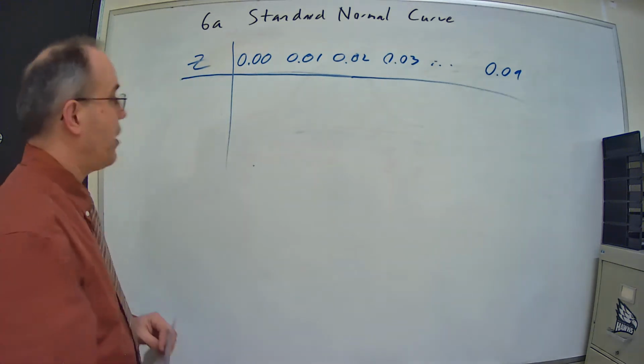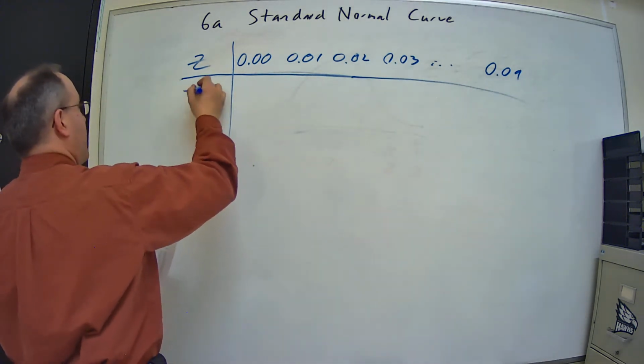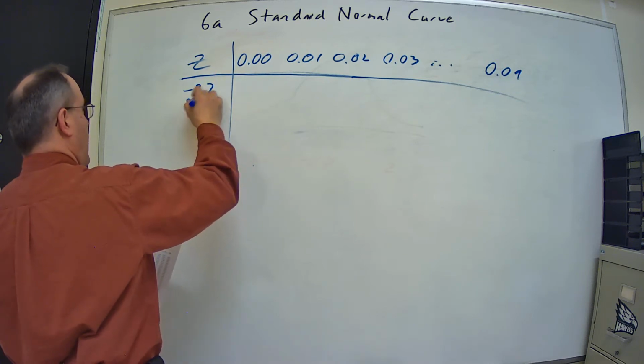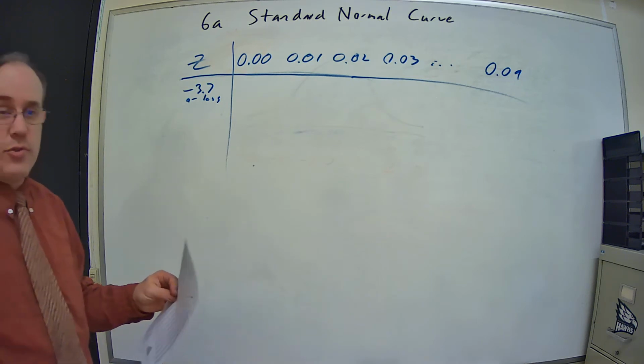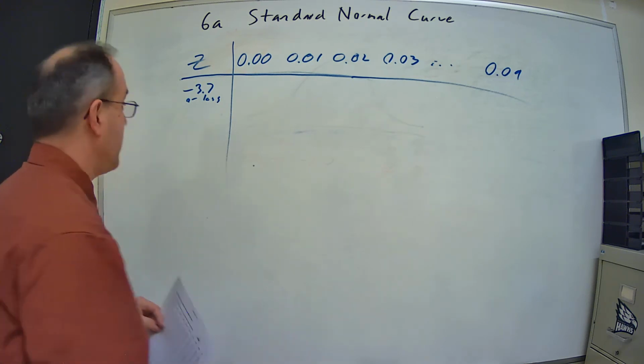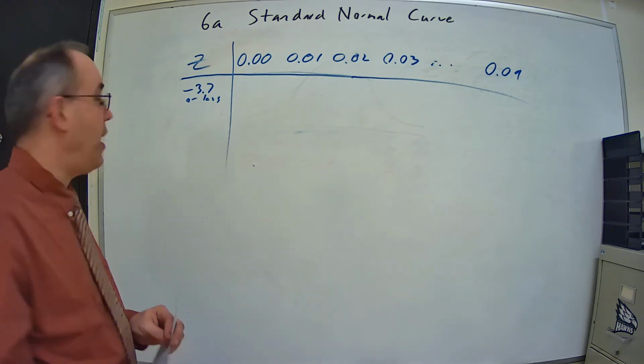So it shows all that across the top. Along the side it says negative 3.7 or less. And we're on page 1 of the table. There's two sides to this table, so the first side and the back side. First side, these will all be negative numbers. The back side, they'll all be positive numbers.